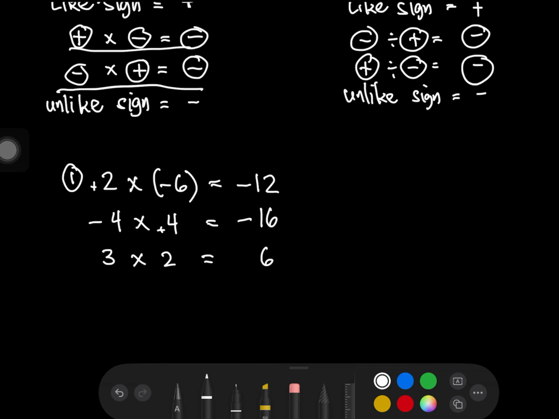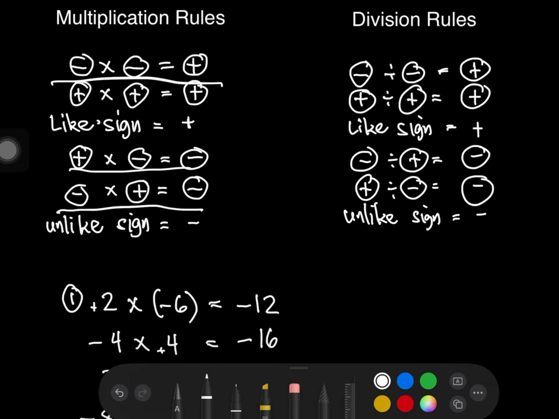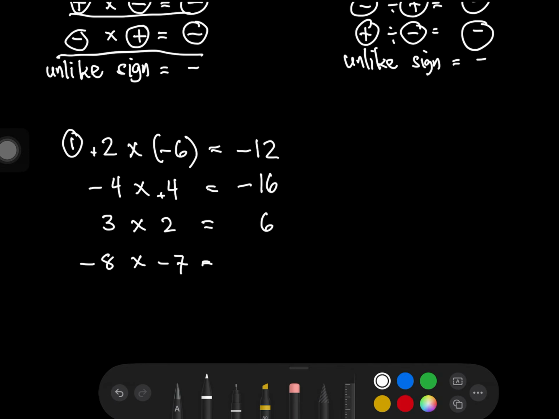And if you have negative 8 times negative 7, negative times negative based on the rules will always give you positive. So negative 8 times negative 7 is positive 56. So that's for multiplication.